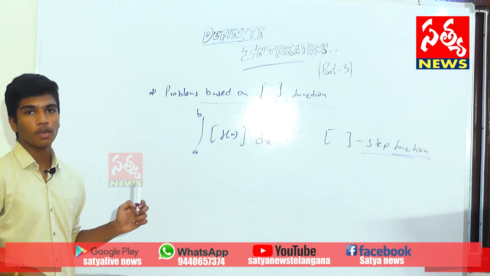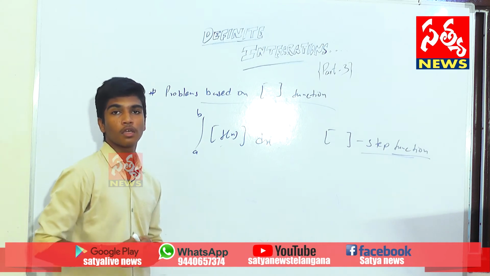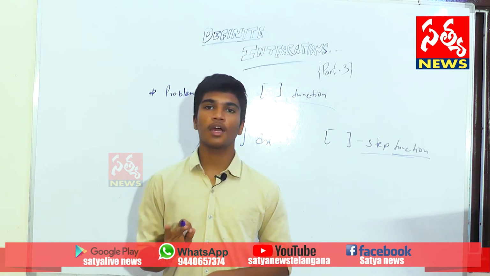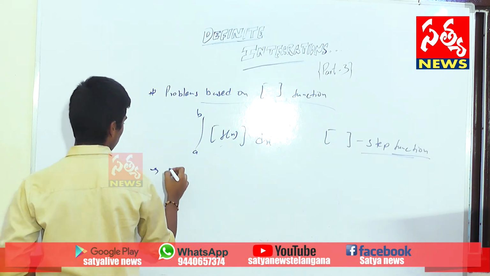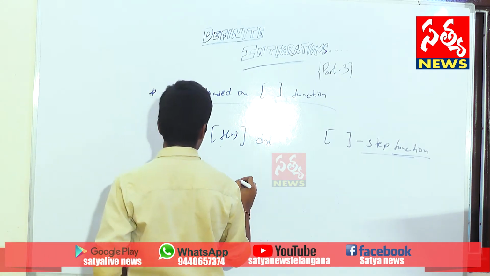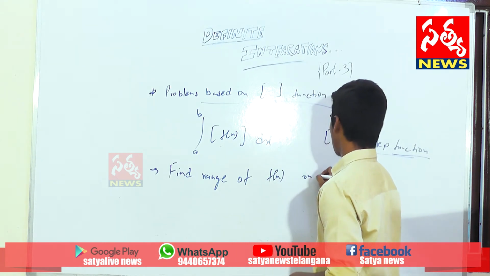For doing problems on step of x, we have to be perfect in 3 conditions. First of all, we have to find the range of f of x on a to b.